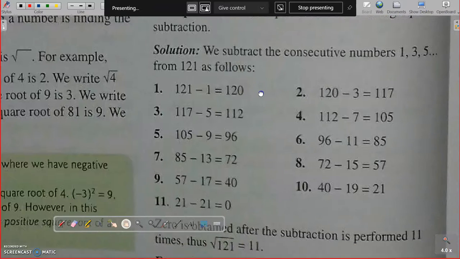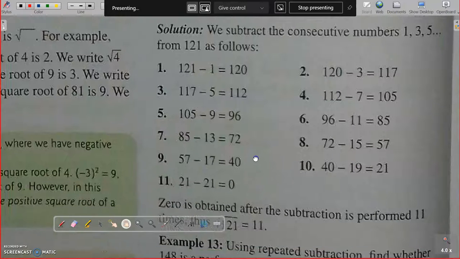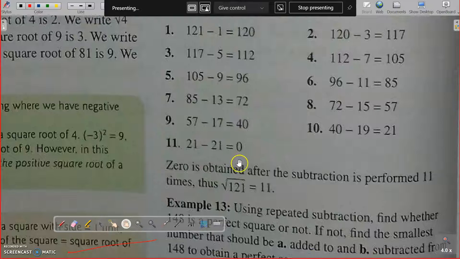In the first step 1 is subtracted, then 3, 5, 7, 9, 11, 13, 15, 17, 19, and 21 subtracted. At 21 it becomes 0, after 11 subtractions. Here it is written: 0 is obtained after subtraction is performed 11 times. Thus the square root of 121 is 11. Got it?